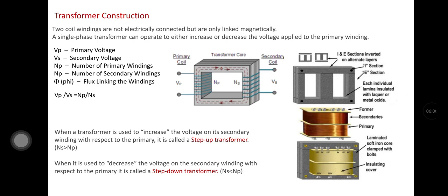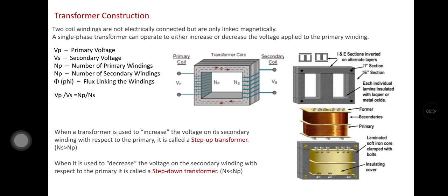Each individual lamina is insulated with lacquer or metal oxide, and the primary winding is there, secondary winding is there, and a former. So a laminated soft iron core is clamped with bolts and an insulating cover.